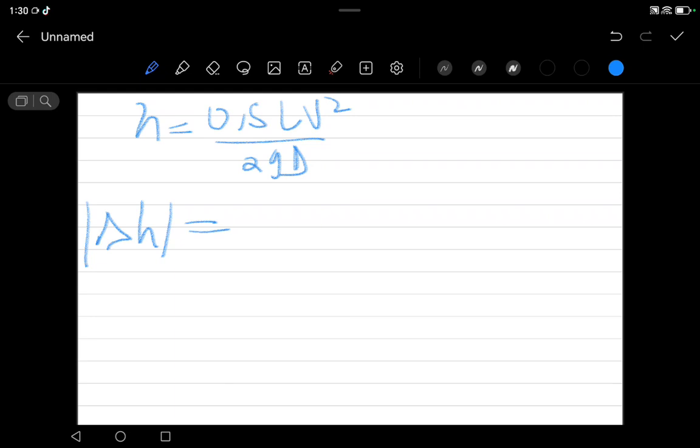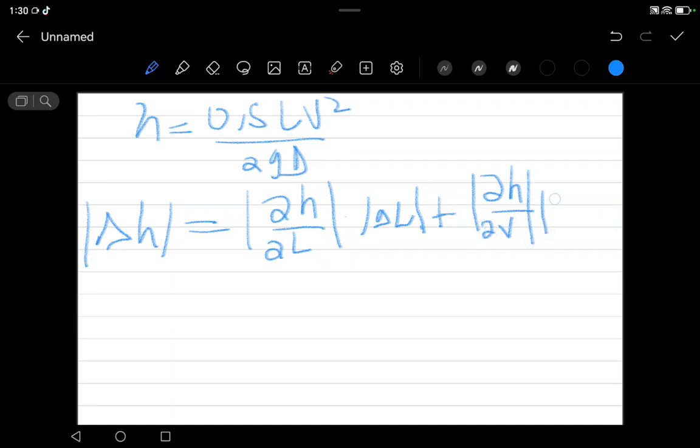Partial derivative of H divided by partial derivative of L. Yes. Plus partial derivative of H divided by partial derivative of V. Yes. Plus partial derivative of H divided by partial derivative of G. No, G is not our variable.